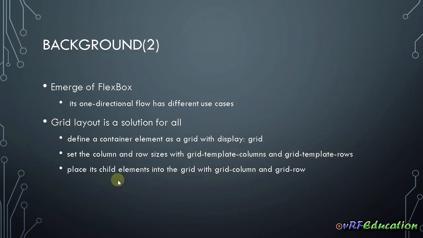And then you can allocate a space or cells to child elements of that container using grid-column and grid-row. And there are lots of other attributes we're going to check in practice very soon. These are the three steps we should follow at minimum to get a grid layout in our HTML pages.